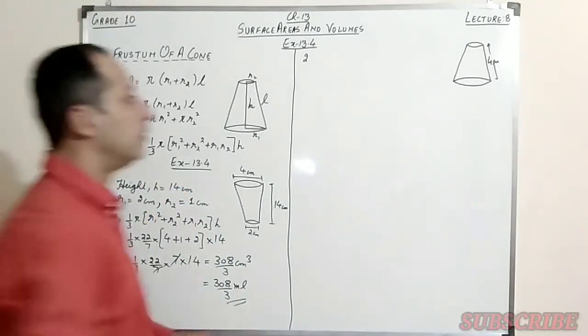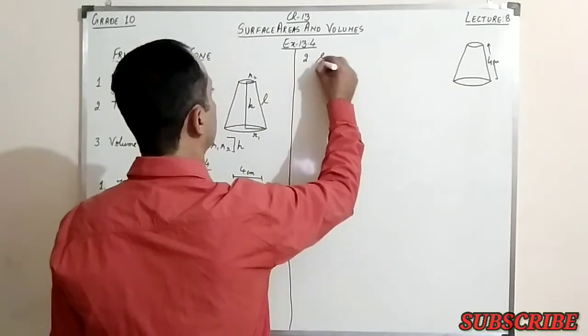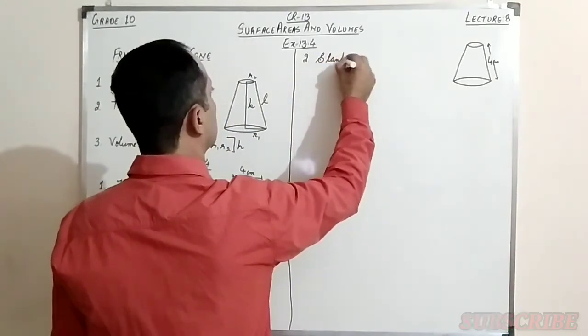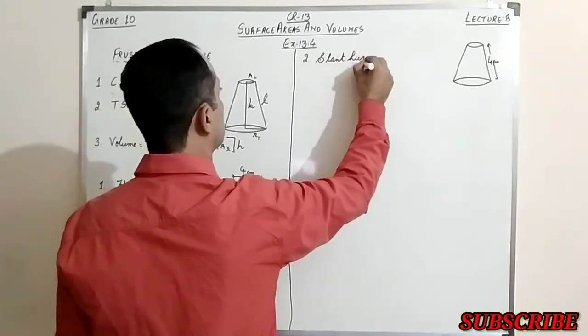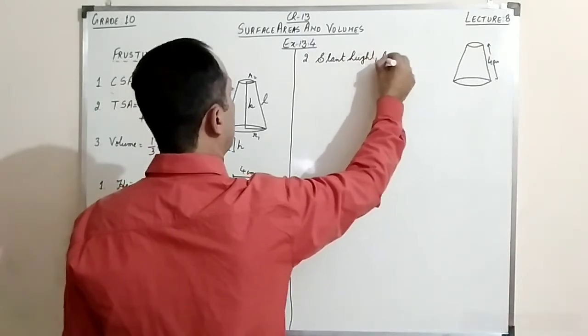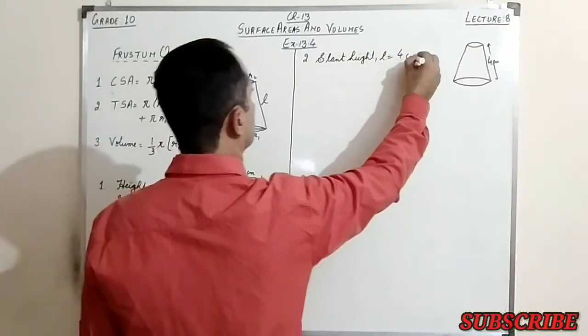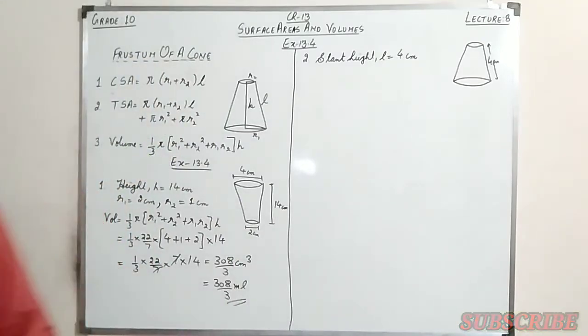So now, slant height L equals 4 centimeter. Let me confirm, is it 4? Okay, yes.